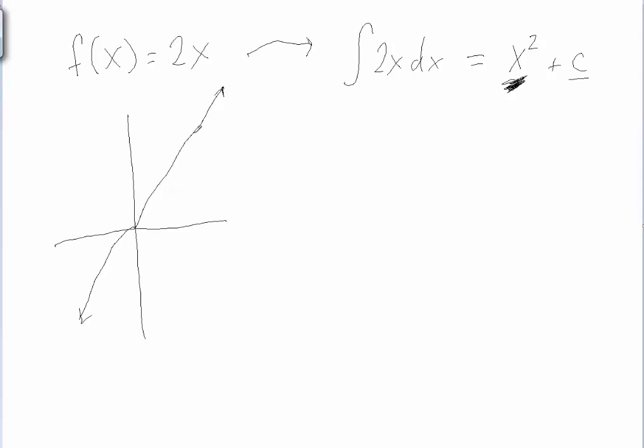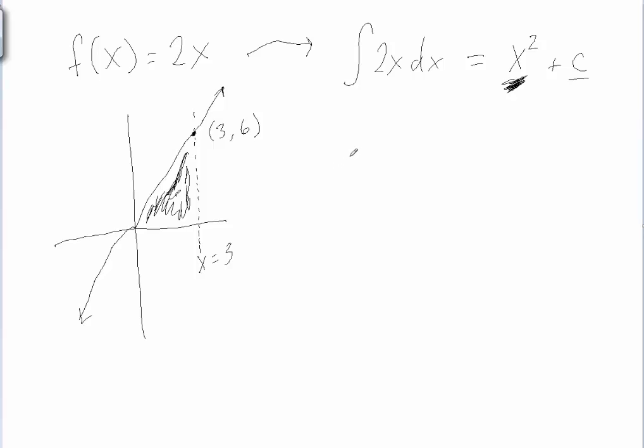So let's take some points on this line. Let's take this point right here, say x equals 3, y equals 6. And we want to find the area under that curve, starting at 0 going out to x equals 3. This area above the x-axis, what's the area there?